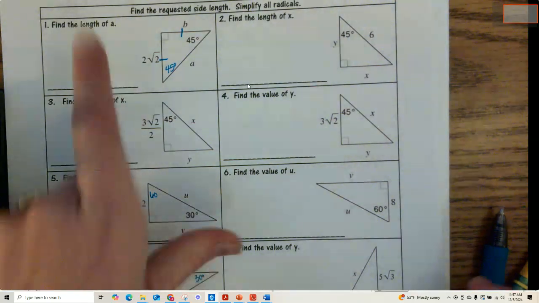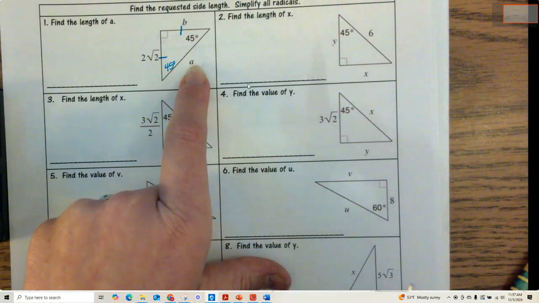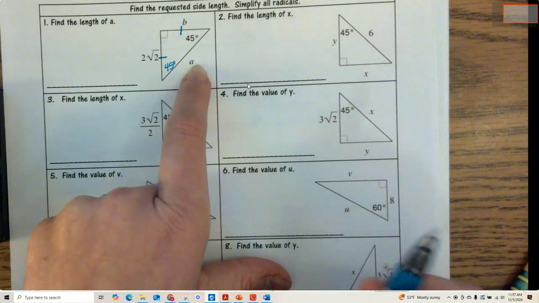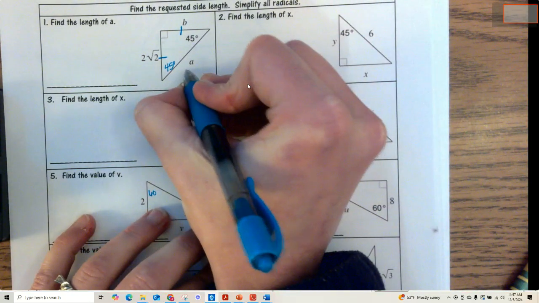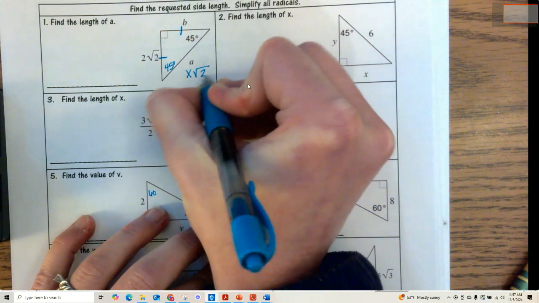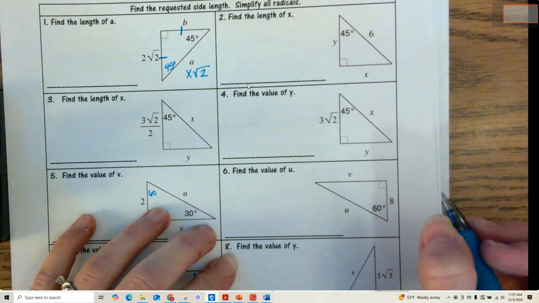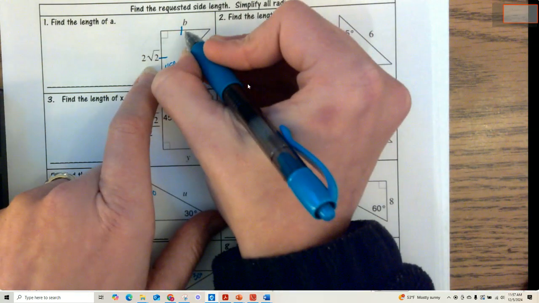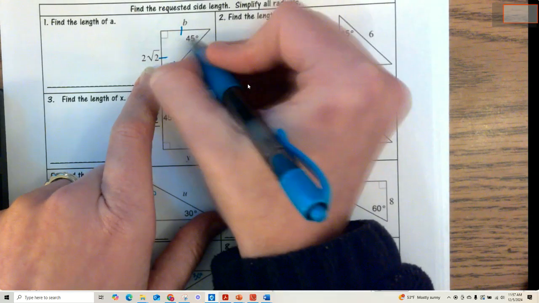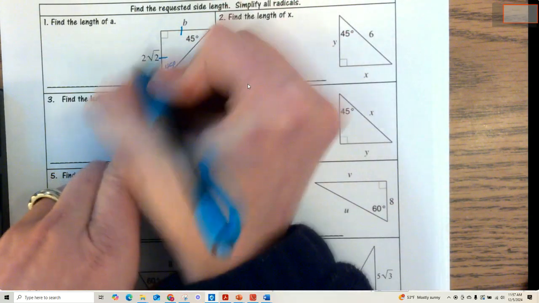This says find the length of A. We know that the length of A is going to be x times the square root of 2. The legs, the two sides that make an L, that's x.